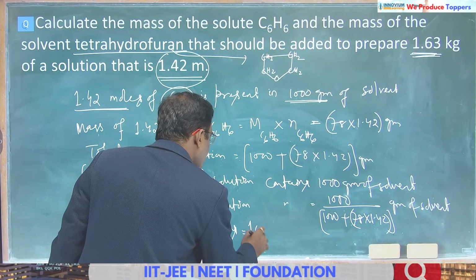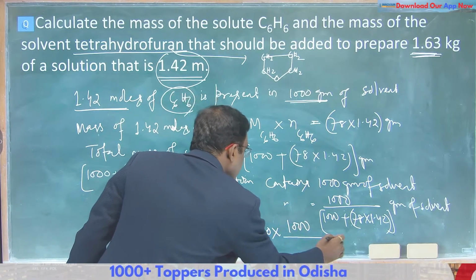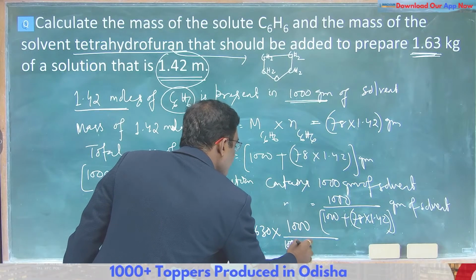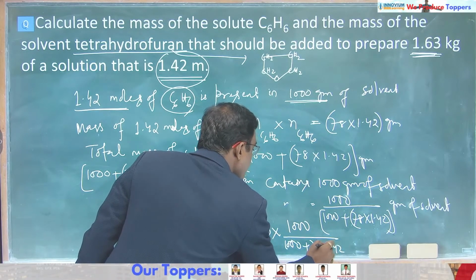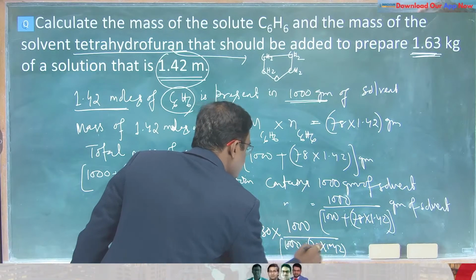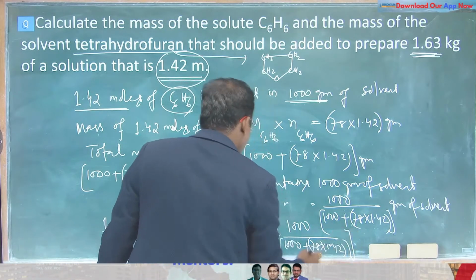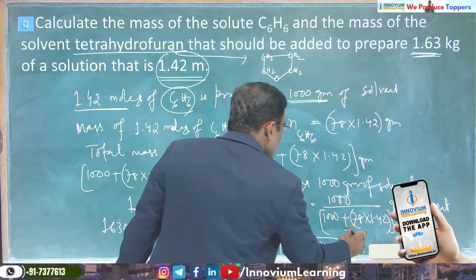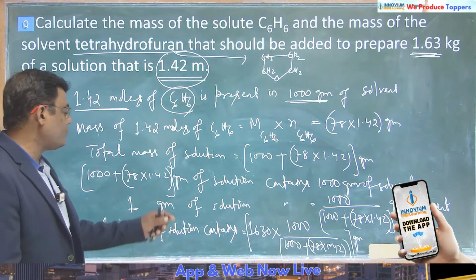So 1630 multiplied with 1000 upon 1000 plus 78 into 1.42. This is the mass of solvent in gram present in 1630 gram of solution.